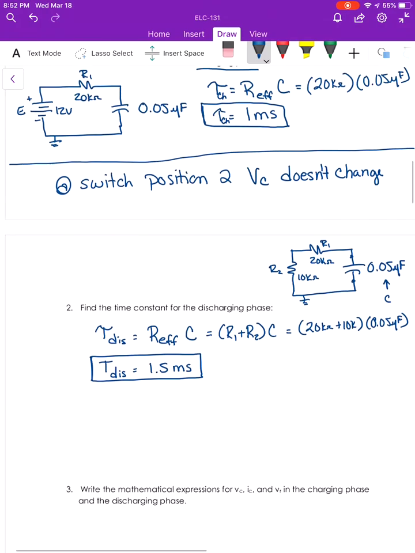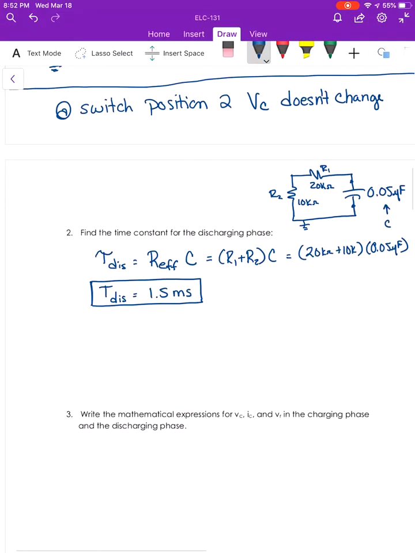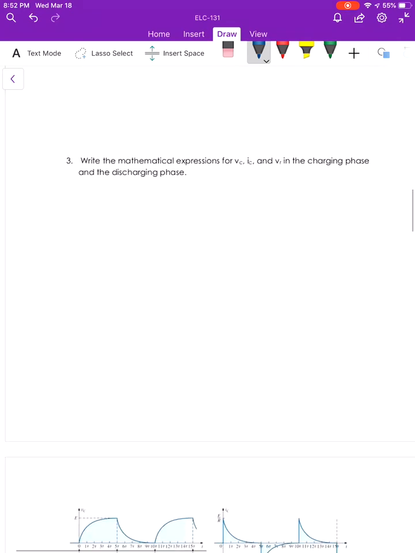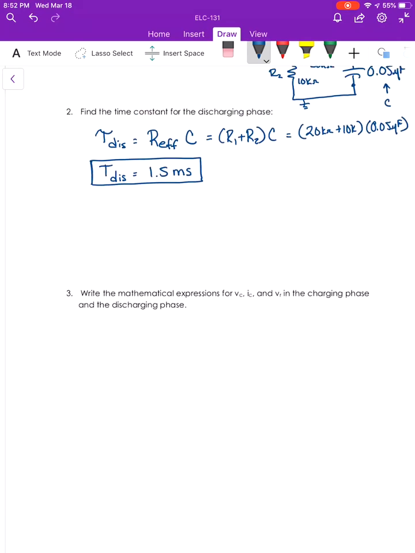All right, so now we're asked to write the mathematical expressions for the voltage across the capacitor, the current through the capacitor, and the voltage across the resistor in the charging and the discharging phases.